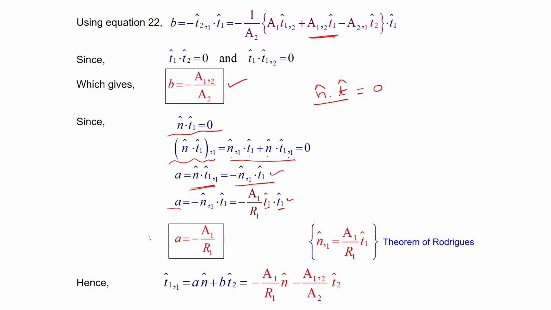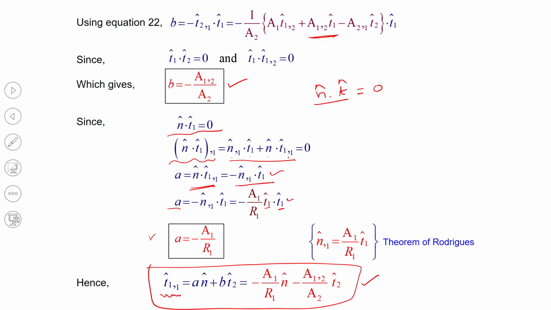If you substitute all values, then T1 comma 1 can be written as minus A1 upon R1 n hat minus A1 comma 2 upon A2 into T2. So, the derivative of the tangent vector along the first direction can be represented like this.